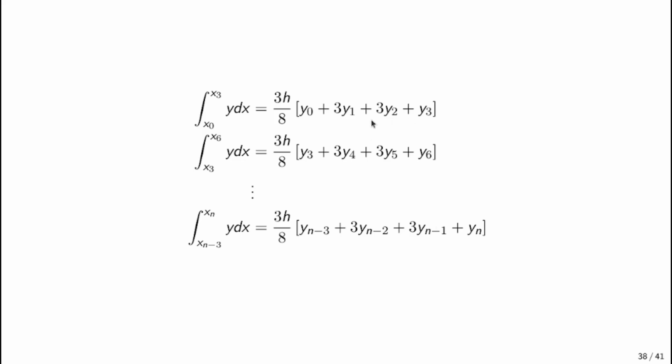Adding all these, you can see that 3h by 8 will be common, y0 will be alone, 3y1 will be alone, 3y2 will be alone, y3 plus y3 will become 2y3, then 3y4, 3y5, and y6 plus y6 will become 2y6 in the summation.